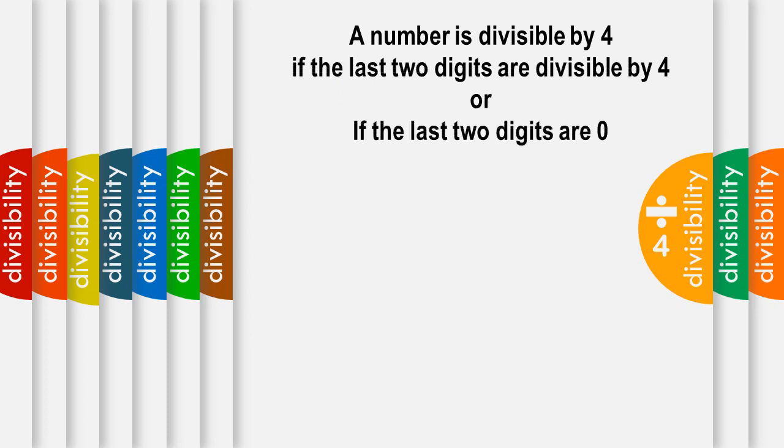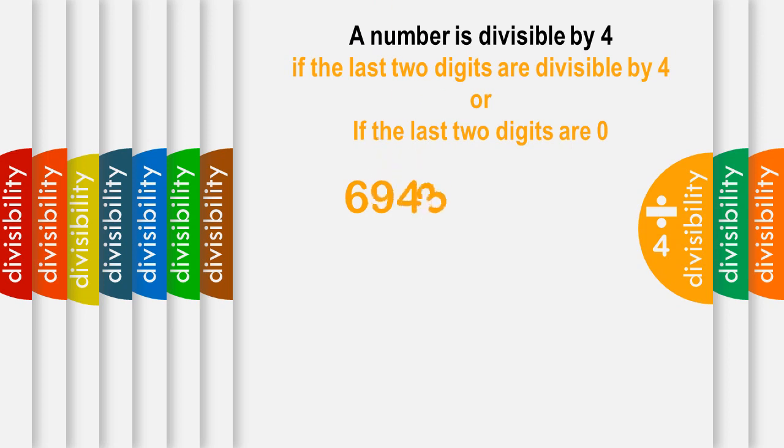Divisibility by 4. A number is divisible by 4 if the last two digits are divisible by 4 or if the last two digits are 0. For example, look at the number 69,43,284. First, separate the last two digits, which is 84.